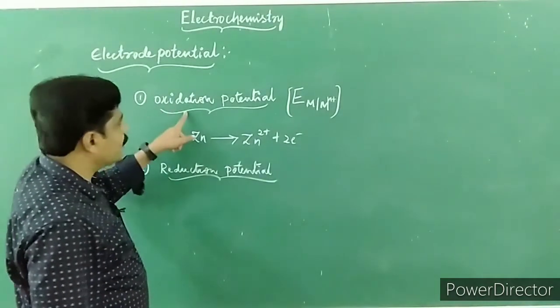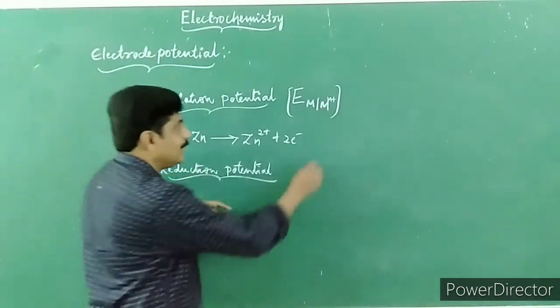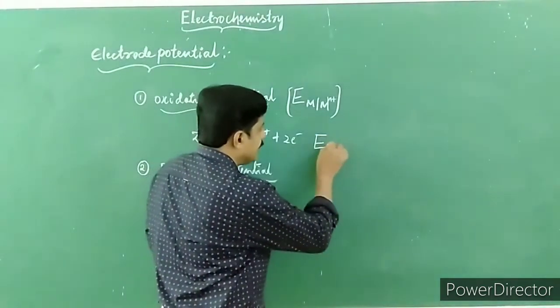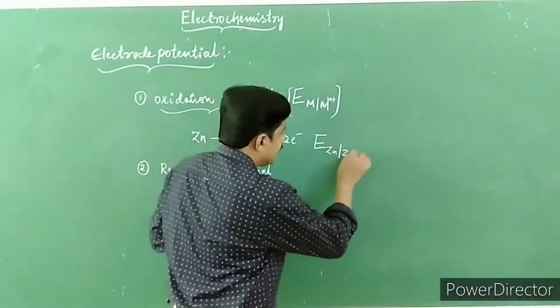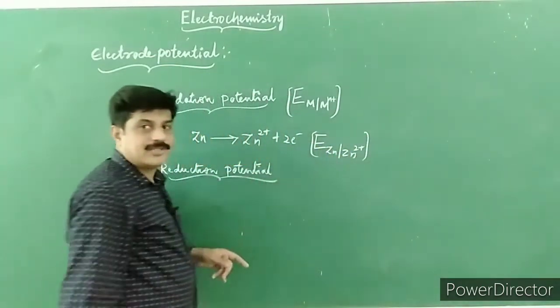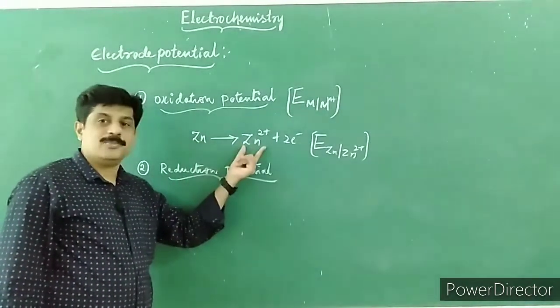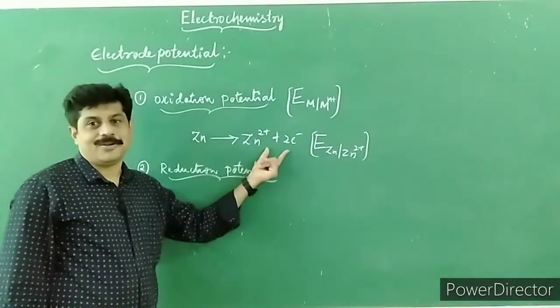Now, the oxidation potential can be denoted for this reaction as Zn | Zn2+. This is the oxidation potential for Zn converting into Zn2+ ions by losing 2 electrons.